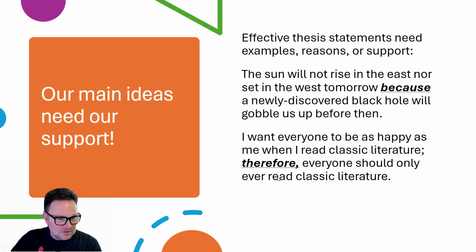Now, the work that this word is doing is similar to because, it's just a different arrangement. So this person wants everyone to read classic literature only. And it's sort of like saying, because I want everybody else to be as happy as me. Just because you offer some reasons or support, by the way, doesn't make these correct or right or anything.